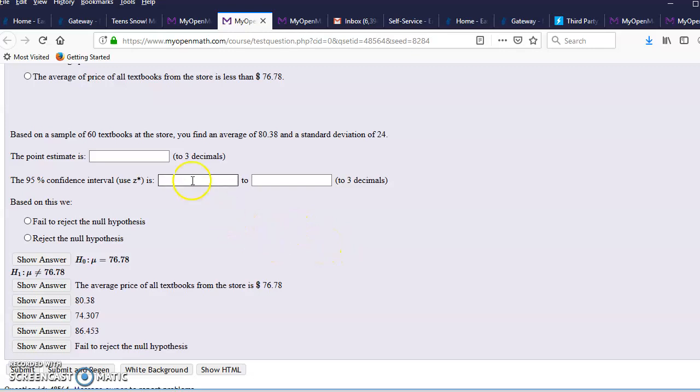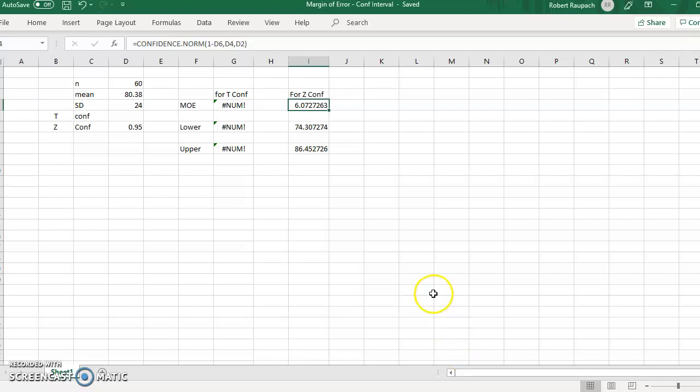All right. So what I did was I created a spreadsheet that, given the mean, given the standard deviation, given this is a sample mean, not the population mean, because we're creating a margin of error based on the sample mean, okay?